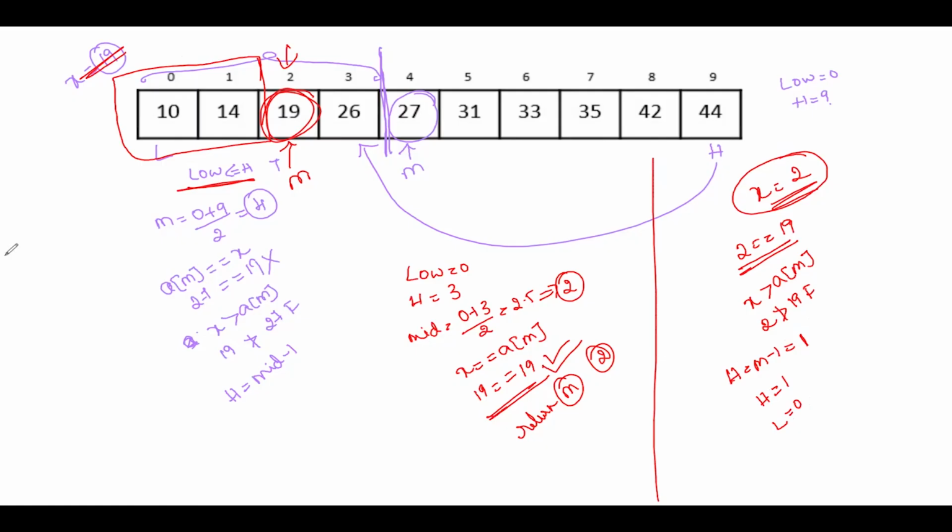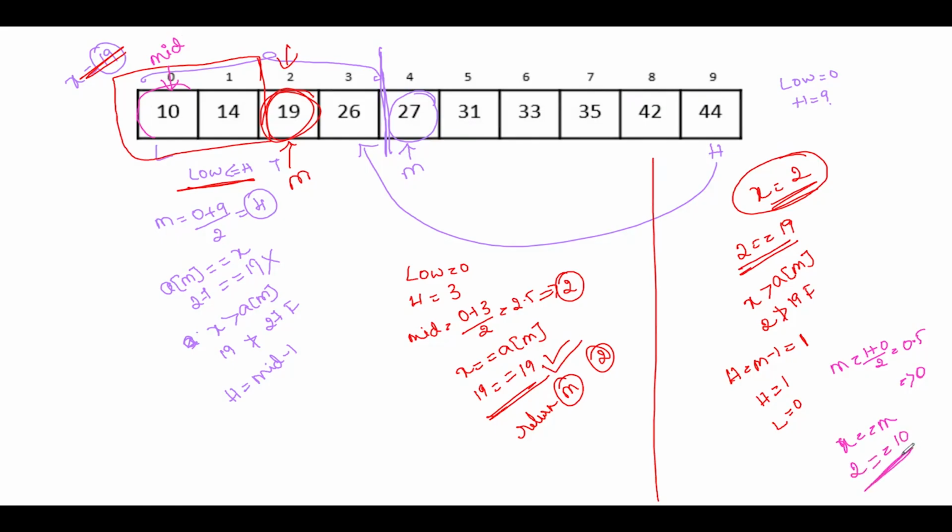Once again, calculate the mid value. 1 plus 0 divided by 2 is 0.5, which implies that 0 is the new mid. So my mid when x is equal to 2 is going to be this. I will compare whether x is equal to mid. The x value is 2 and the mid value is 10.